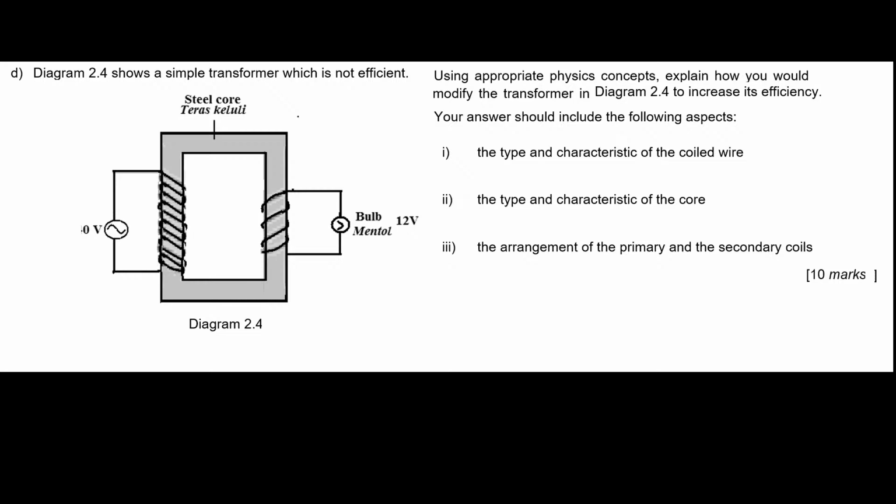I want to check whether it is correct or not. Okay, Chua Jianing: thick wire, reduce resistance. Correct. This one is one of the characteristics. Some more, what type do you want to use? I don't want to repeat the explanation. Chua Jianing already said about reducing resistance.